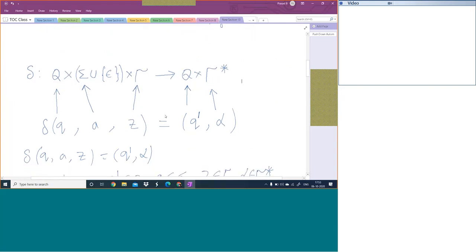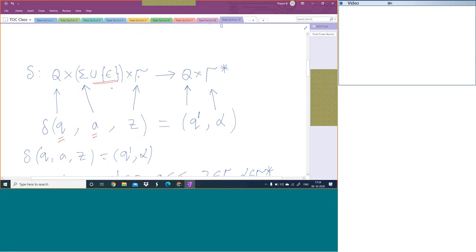For a while, just leave this union epsilon. In every transition, the PDA takes a state Q from the set Q, cross sigma. Sigma is the set of inputs, so in every transition it takes an input symbol, cross tau.